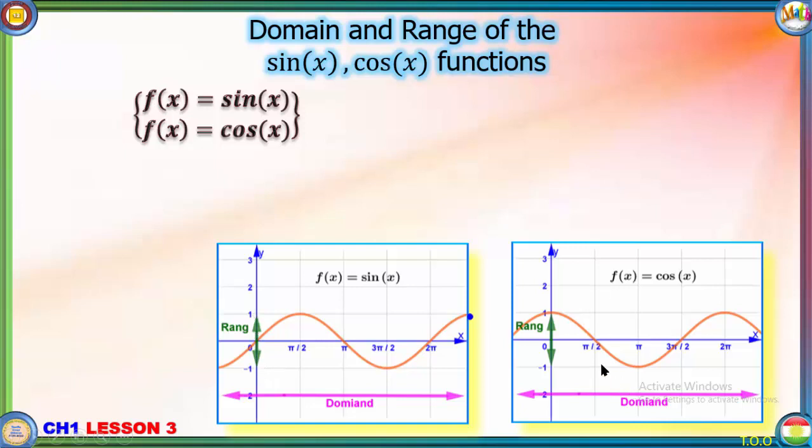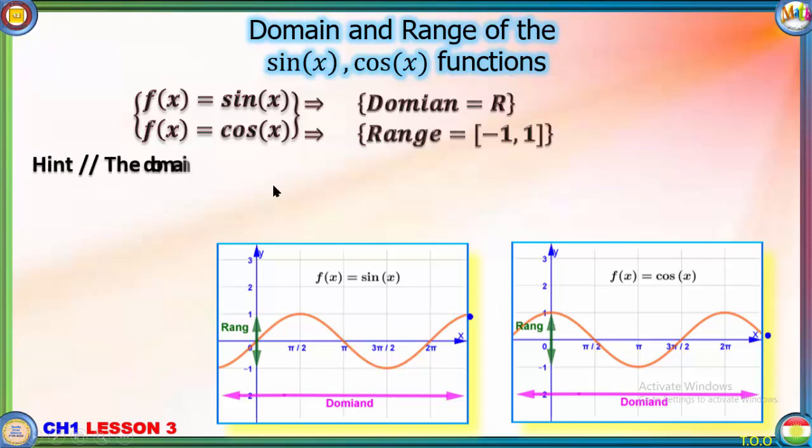The cosine x starts from -1 to 1, then from 1 to -1, from -1 to 1, continuing in this way. The domain is all real numbers and the range is from -1 to 1.